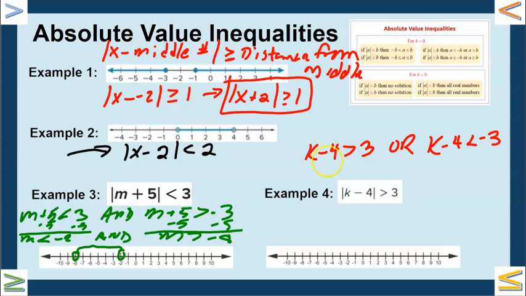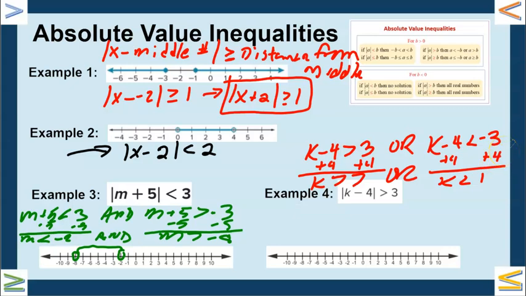Okay, now I'm going to solve for k by adding 4 to both sides, and I have k is greater than 7, or here I add 4, and I have k is less than 1.